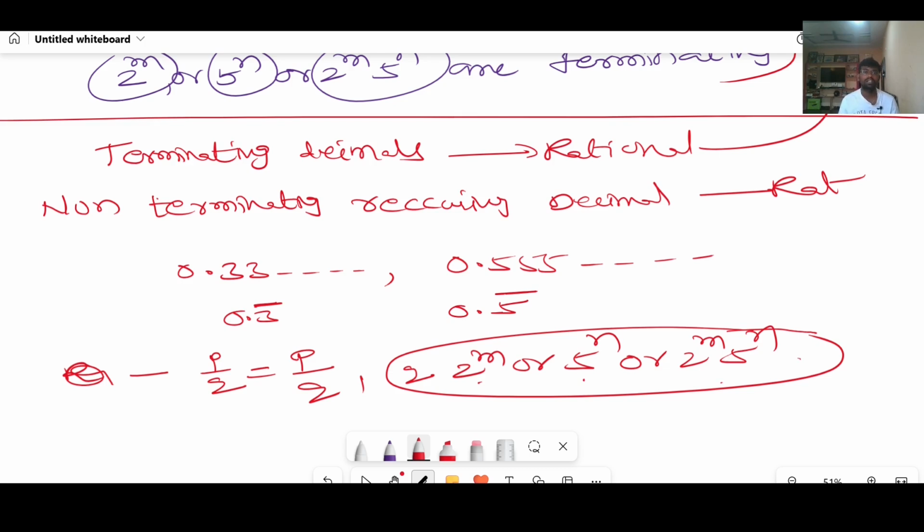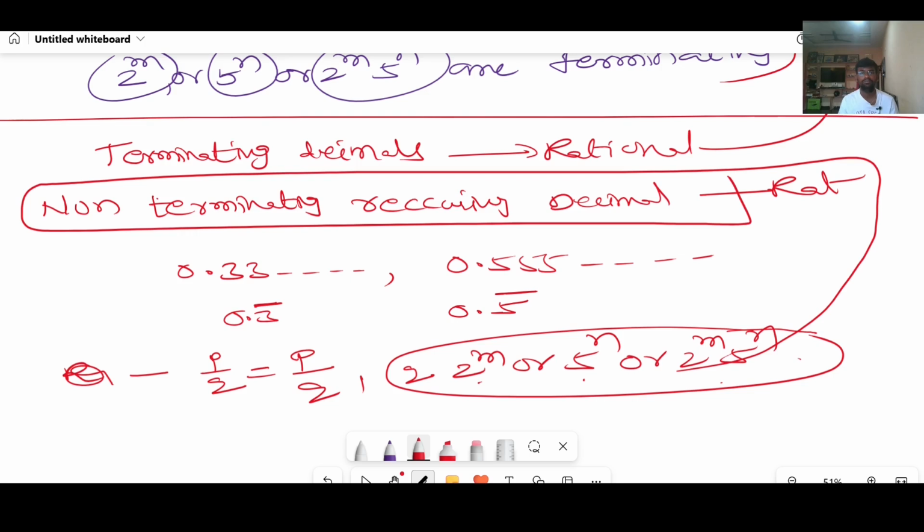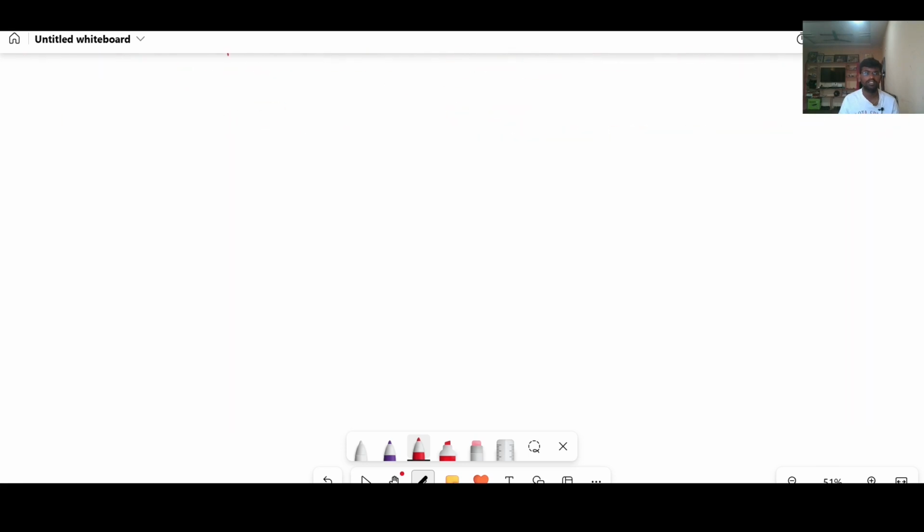Then we can conclude that rational number is a non-terminating recurring decimal, right? If the denominator is only in the form of 2 power m and 5 power n, or their multiplication, that is a terminating decimal, right? And if the denominator of that fractional number is not in the form of 2 power m 5 power n, then we can call it a non-terminating recurring decimal, right? We discussed this at the start of the lesson.